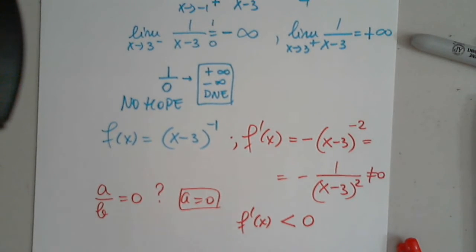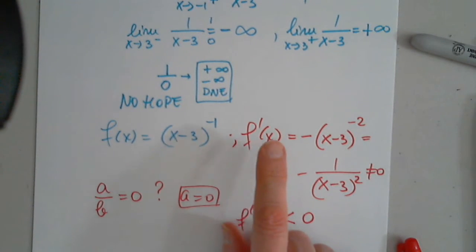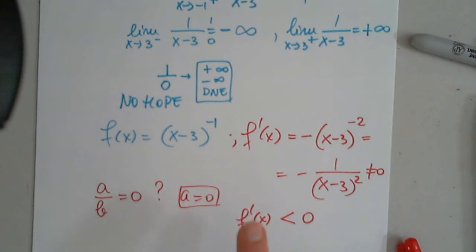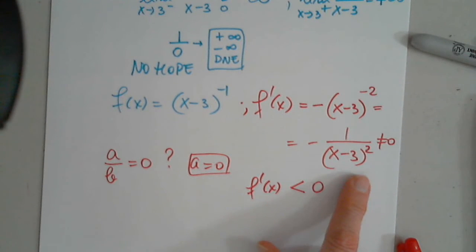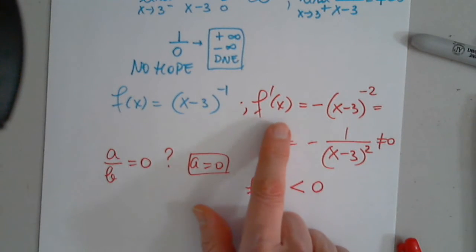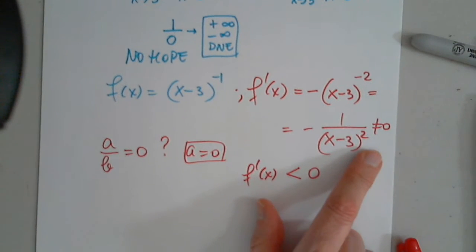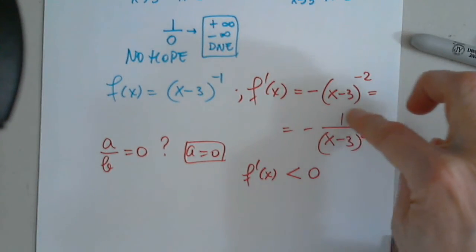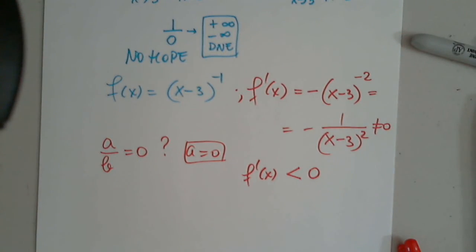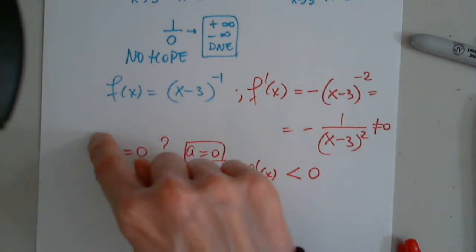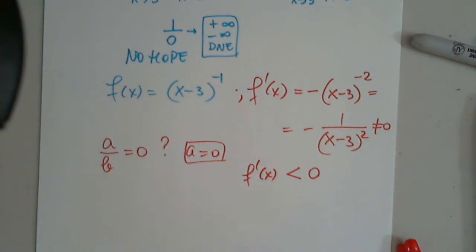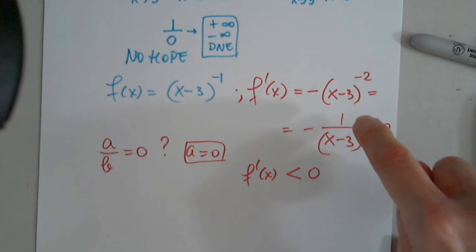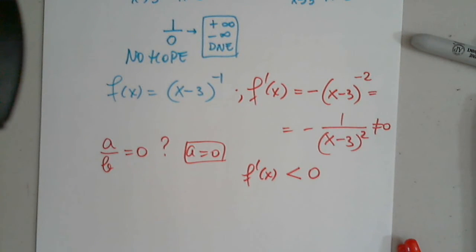No. We found the derivative. The next step is we have to find the critical numbers. So I have to set f prime of x equal to 0. But it could never be 0 because the numerator can never be 0. A fraction is 0 when the numerator is 0. So this fraction can never be 0 because its numerator can never be 0. Okay.